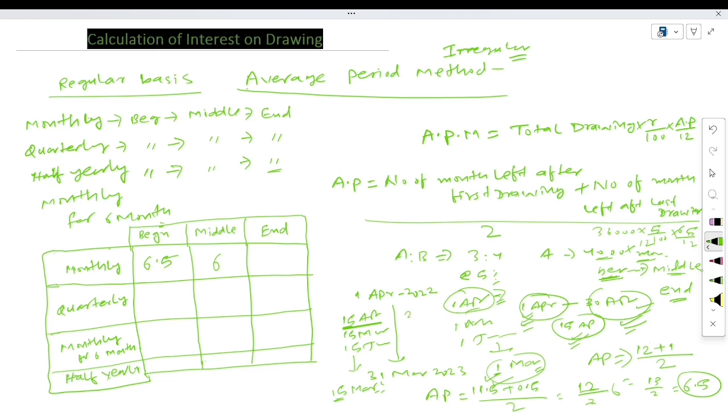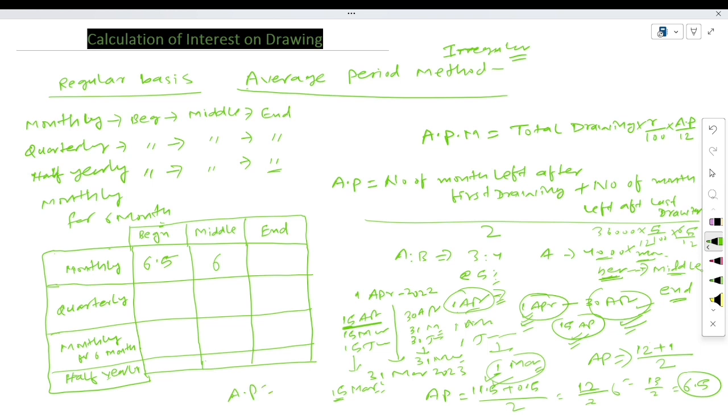End of the month means 30 April. First he will withdraw 30 April, then 31st May, then 30th June, like this, and the last drawing would happen on 31st March. Now calculate what would be the average period.